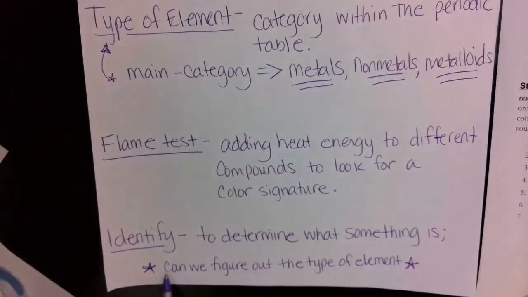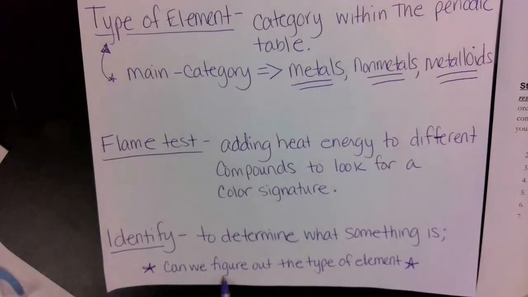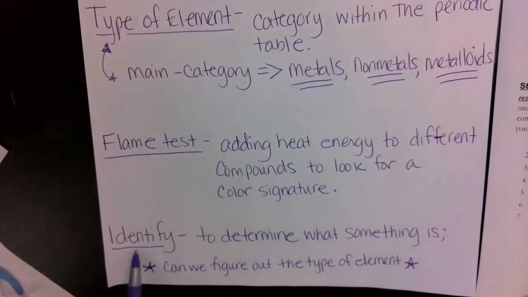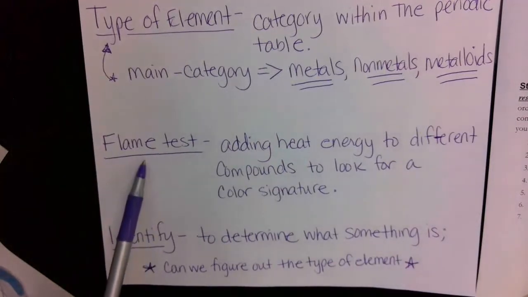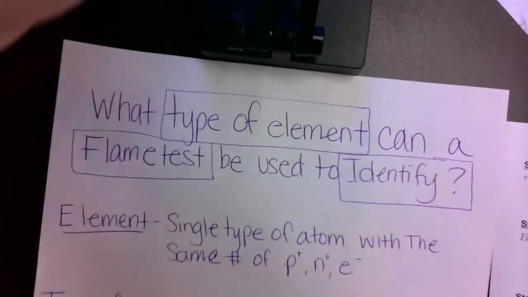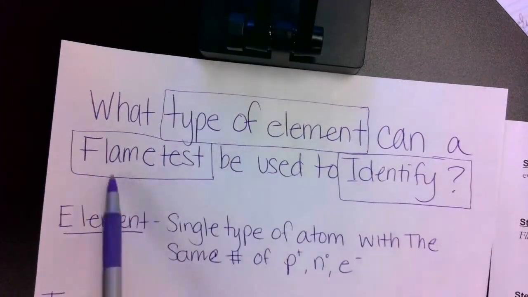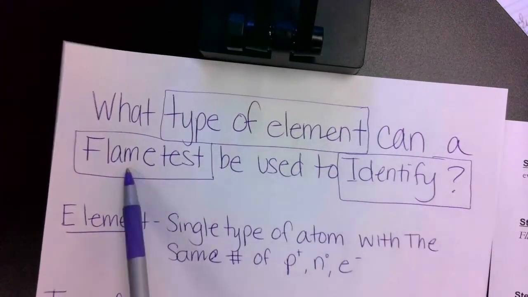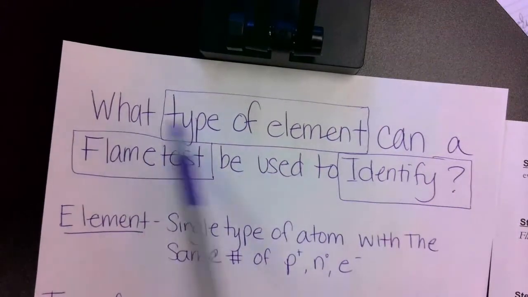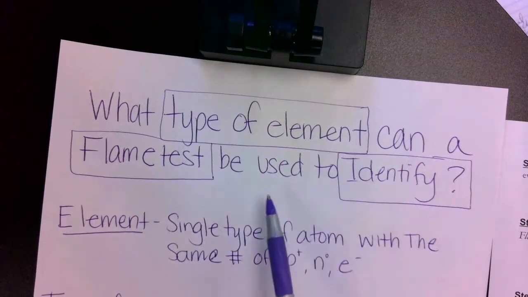So it goes right back to this particular piece here. Can we figure out the type of element, as in identifying it, when using a flame test? That all goes right back to that original question, and this is what your entire argument should be built to answer, based on evidence collected, based on how you analyzed it, and based on some of the research that you folks have done.